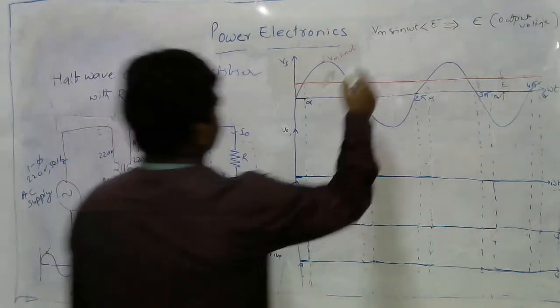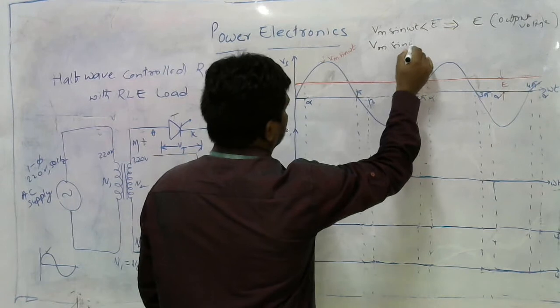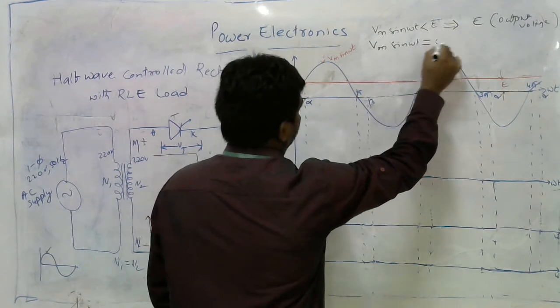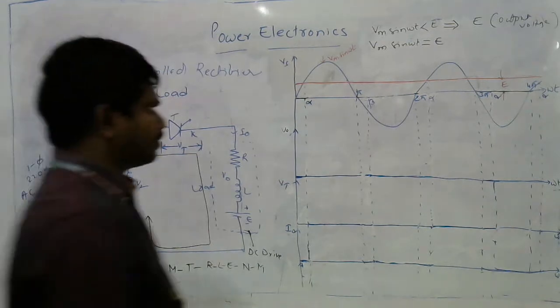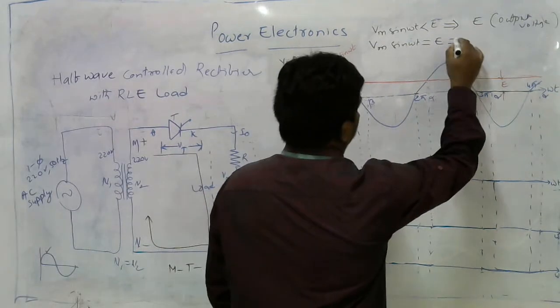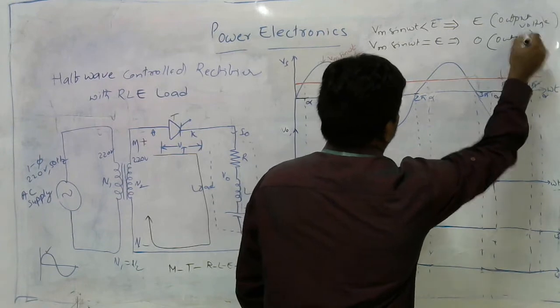Second case: Vm sin omega t is equal to E. Then the output is 0.